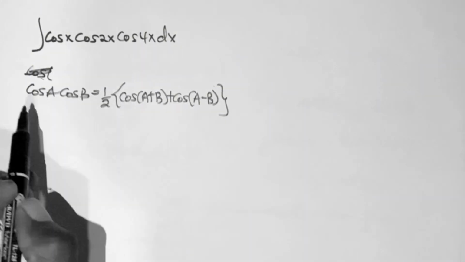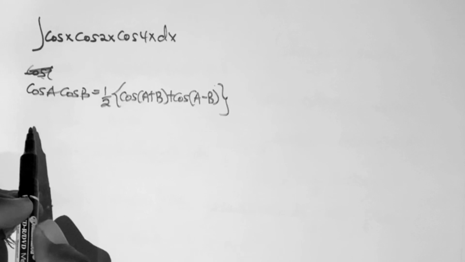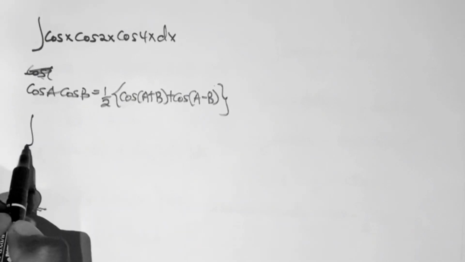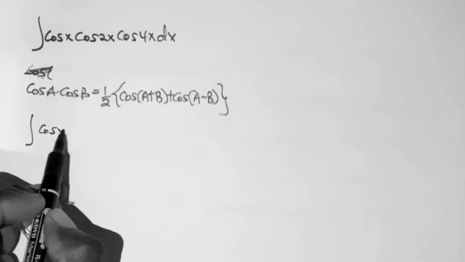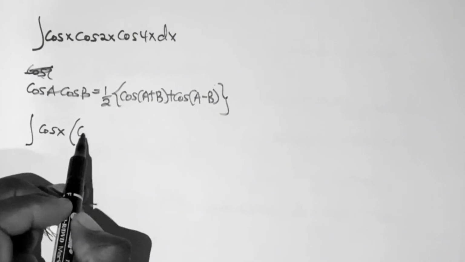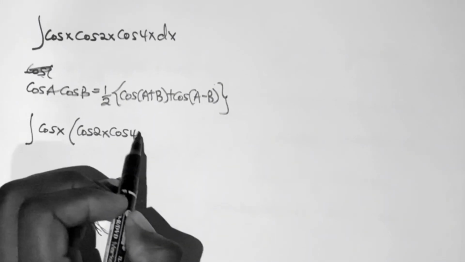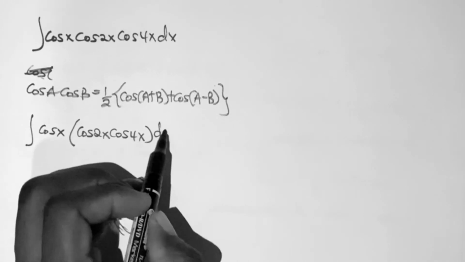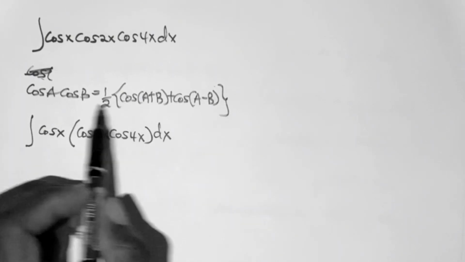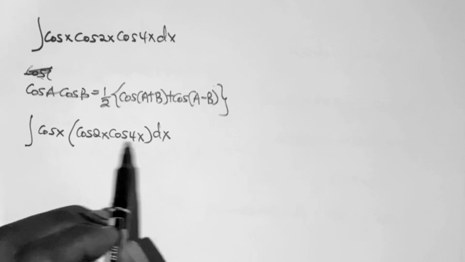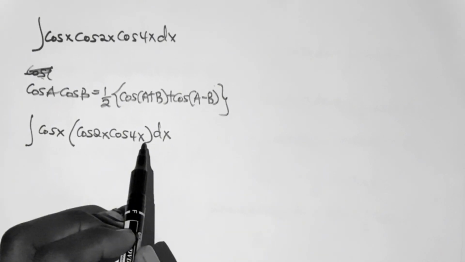Now what we need to first do is write this integral as the integral of cos x, then into bracket cos 2x cos 4x, dx, so that we can use this to first solve cos 2x and cos 4x.